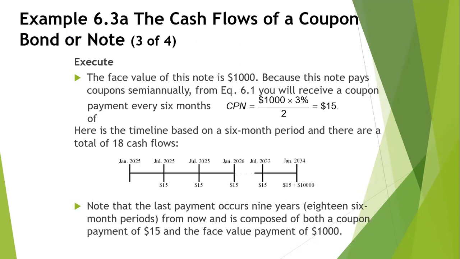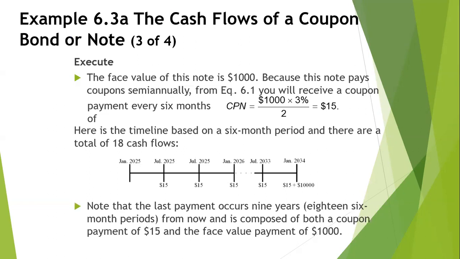Because this note pays coupons semi-annually, from equation 6.1 you will receive a coupon payment every 6 months of $15. That's CPN equals $1,000 times 3% divided by 2, which gives you $15. Here is the timeline that you see here. It is based on a 6-month period, and there are a total of 18 cash flows.